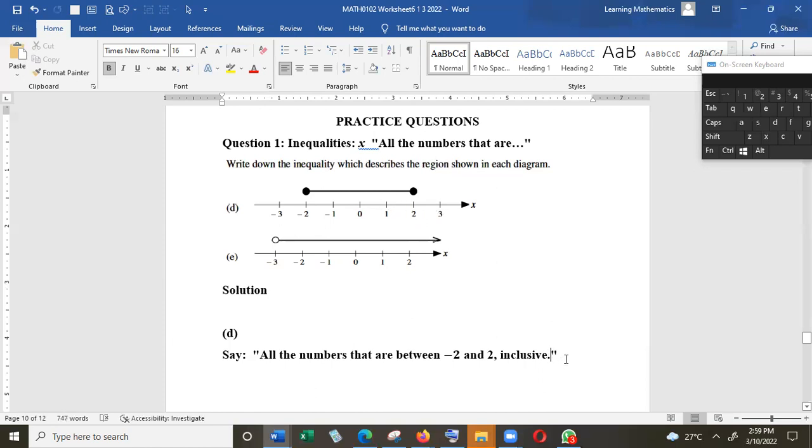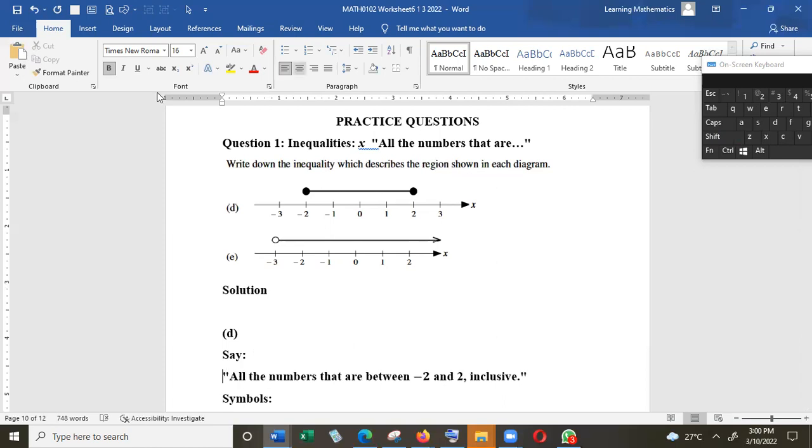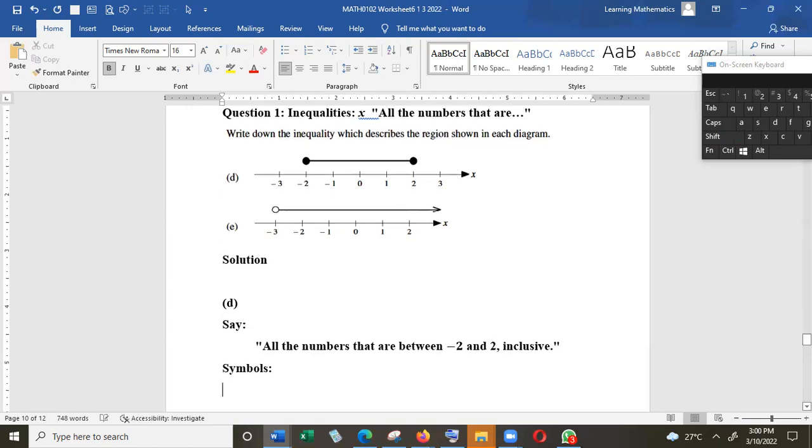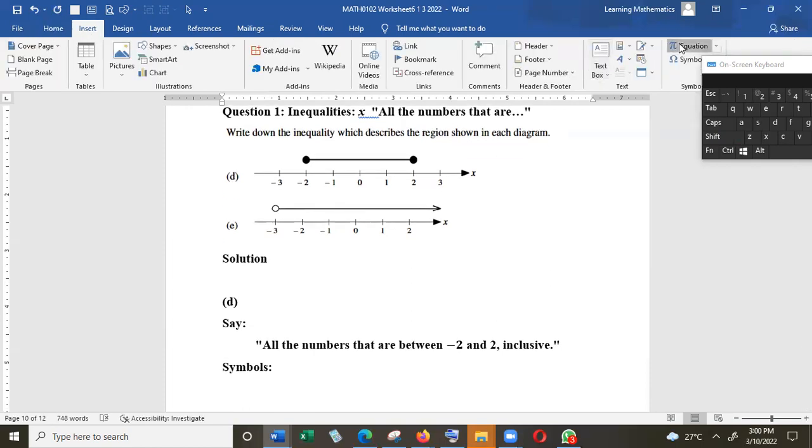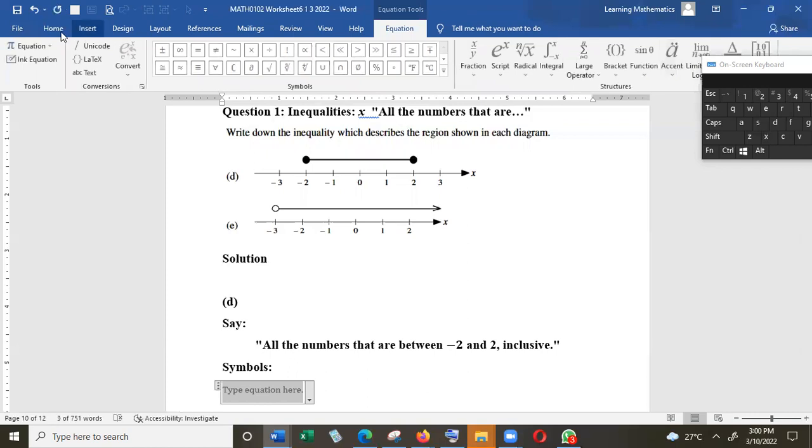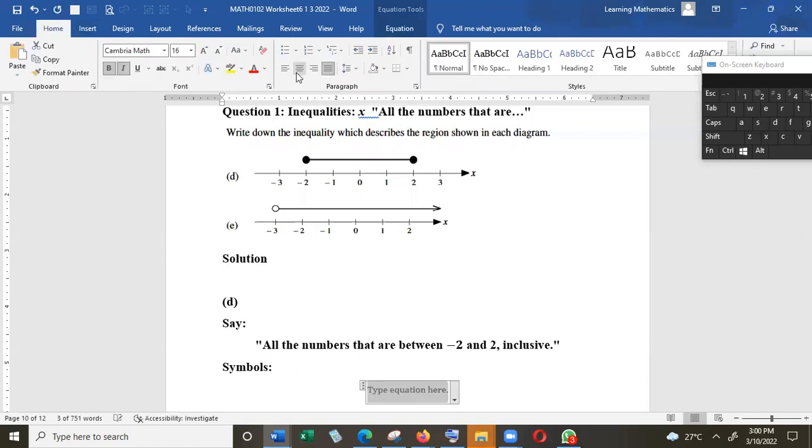Now to represent this statement symbolically, so the symbol for all the numbers that are, let me put this in color coded, is the letter X. That's what I've been explaining.